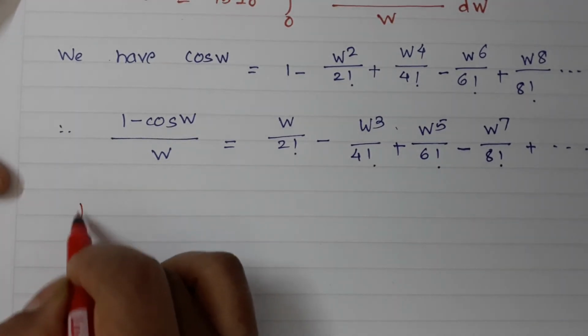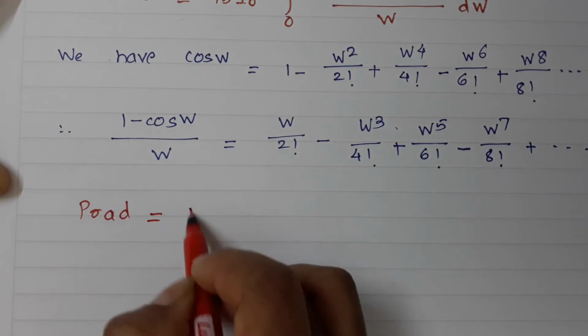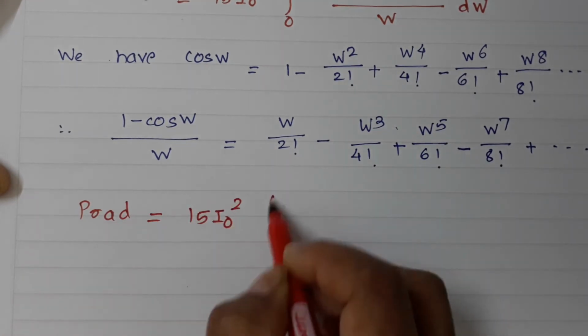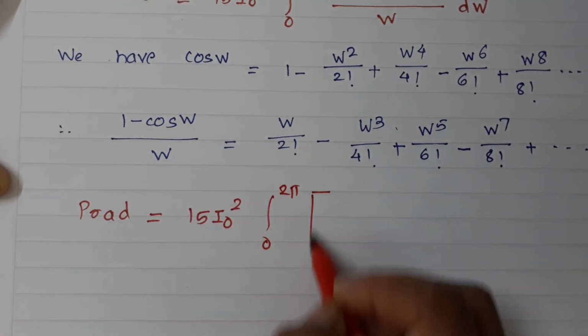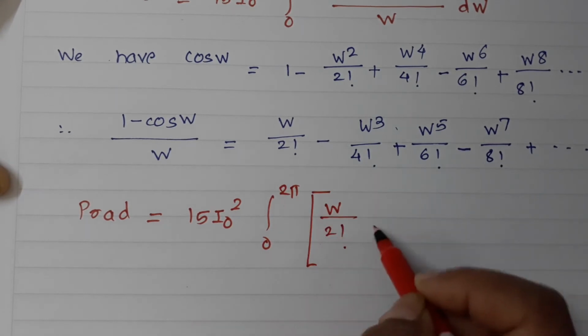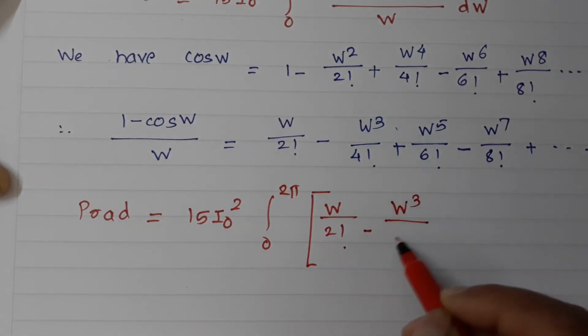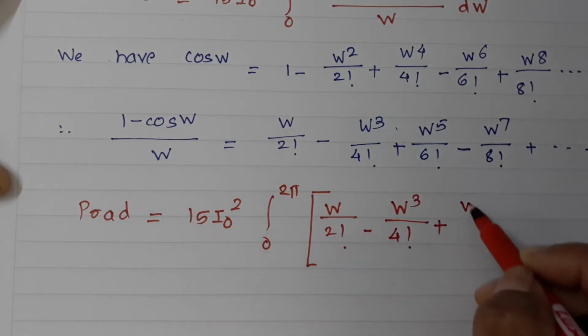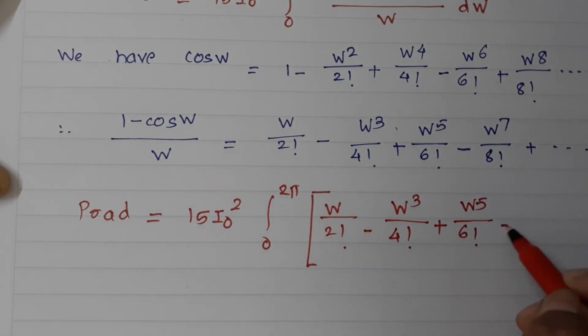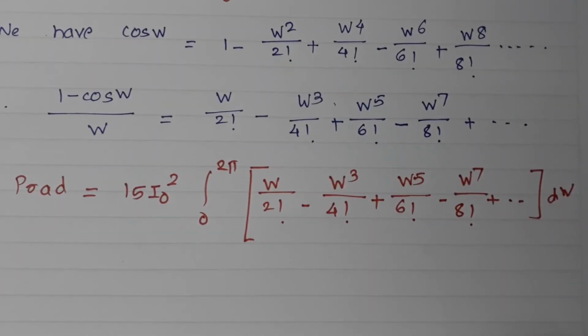So P radiated is equal to 15 I0 square, integral from 0 to 2 pi, of w by 2 factorial minus w cube by 4 factorial plus w to the 5 by 6 factorial minus w to the 7 by 8 factorial plus and so on, with respect to dw. Now let us solve it further.